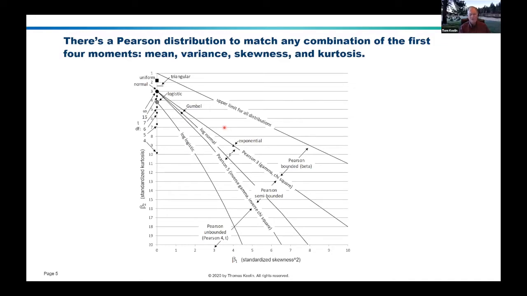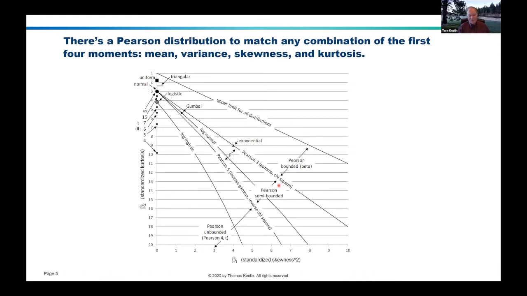Suppose you pick that point on the plot. The key thing here is, if you pick a point on this plot, there is a Pearson distribution that can represent that point. And that's true for every point on this plot. No matter where you are on this plot, in terms of skewness and kurtosis, there exists a Pearson distribution that can represent that point exactly. And that's why the Pearson distributions are so famous, okay?